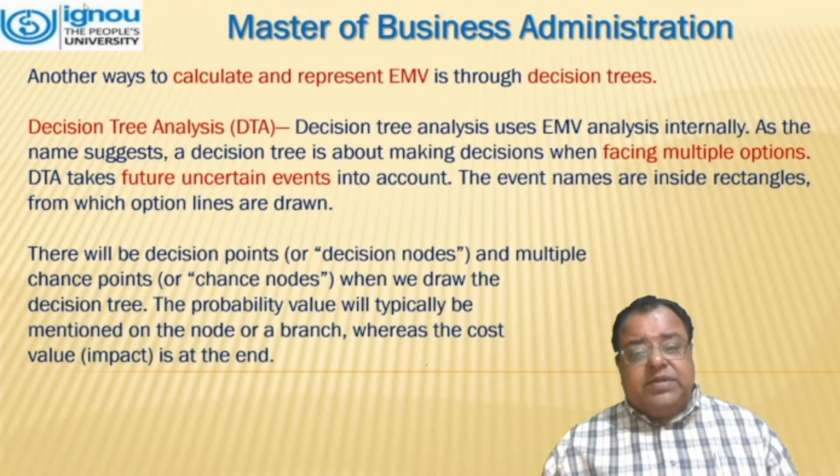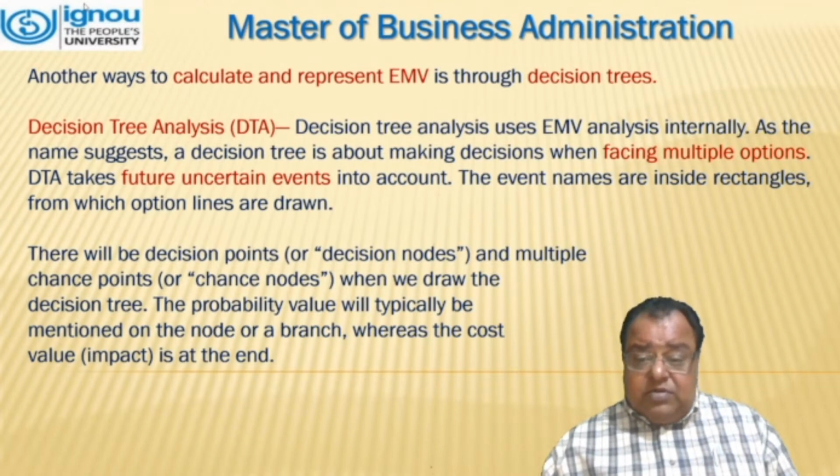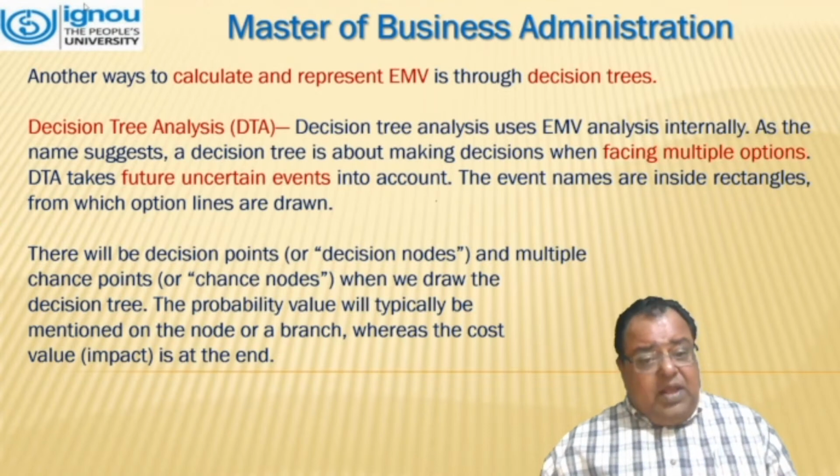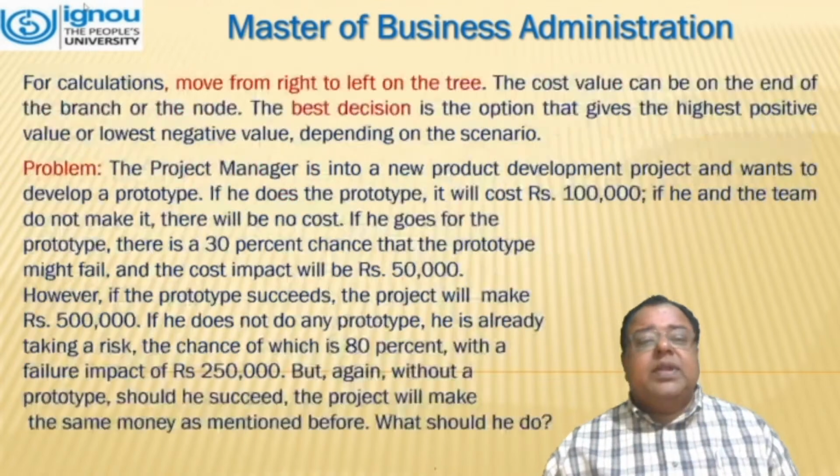The event names are inside rectangles for which option lines are drawn. There will be decision points or decision nodes and multiple chance points or chance nodes. When we draw the decision tree, the probability value will typically be mentioned on the node or a branch, whereas the cost value is at the end.